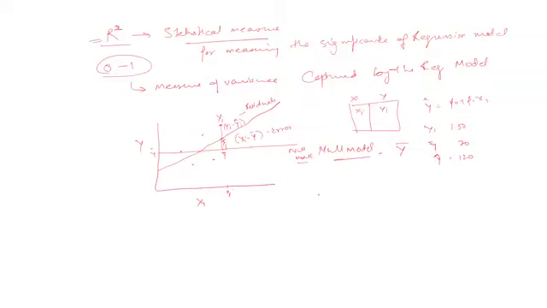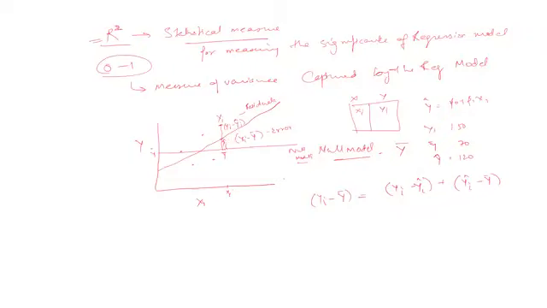I'll write it like this: yi minus y bar is equal to yi minus yi hat plus yi hat minus y bar. Can I write it like this? This is my total error from yi till y bar, which is equal to this residual plus this difference, right?